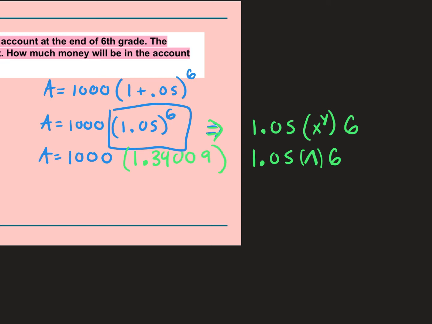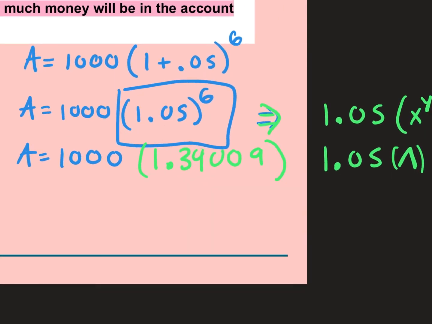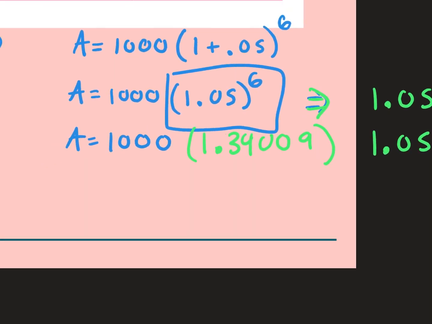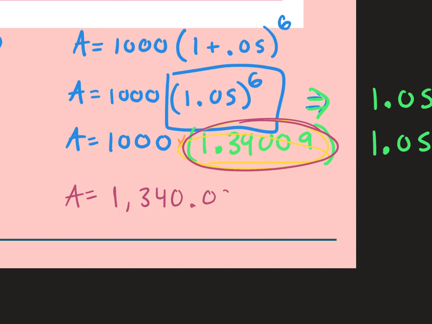What are we doing next after we find that? What do we do with that 1,000? Multiply. So we're multiplying what we just got by 1,000. So in your calculator, keep that whole number in there, everything that you just found, and multiply it by 1,000. $1,340.09.